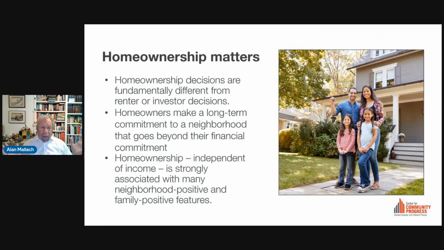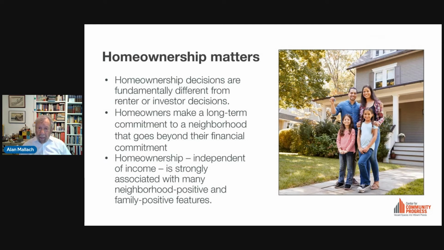And that's true of probably about 90% of all the neighborhoods in the United States. Home ownership is a critically important part of market strength in that neighborhood, because home buyers are making very fundamentally different decisions than either renters or investors. And again, as I mentioned, they're making a long-term commitment to their neighborhood that goes beyond the financial commitment.